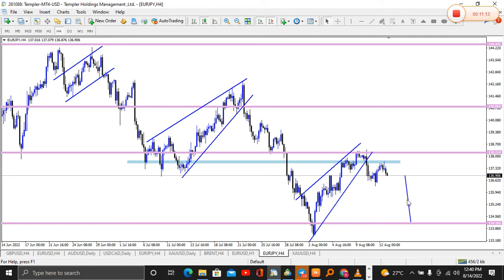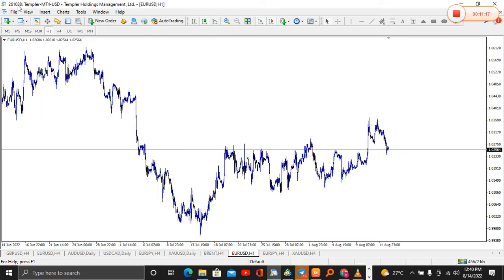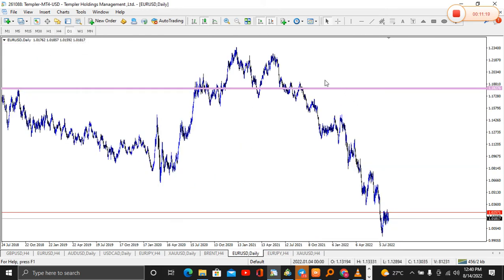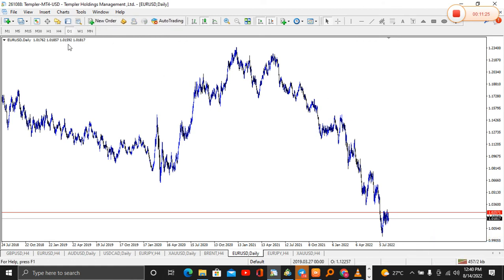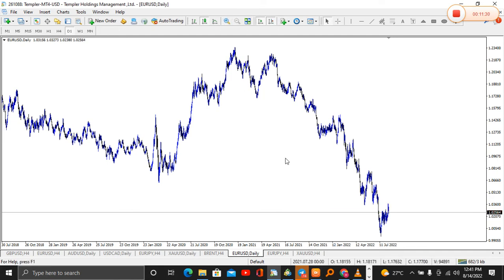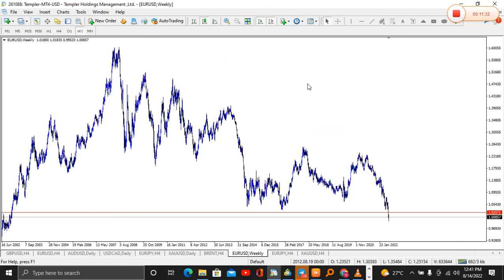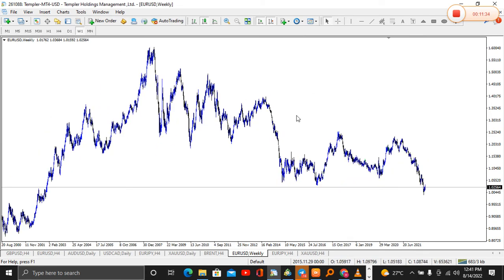Now let's analyze our last pair, which is EUR/USD. Start with a higher time frame. Let's go to weekly time frame.